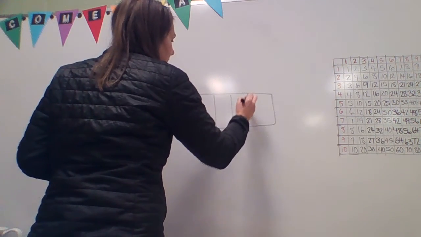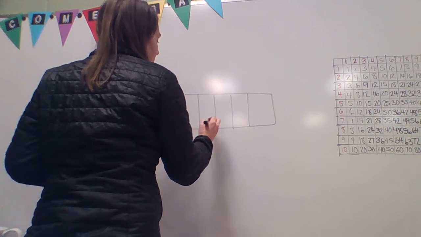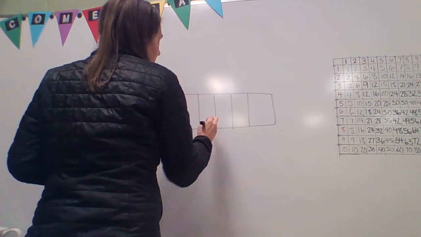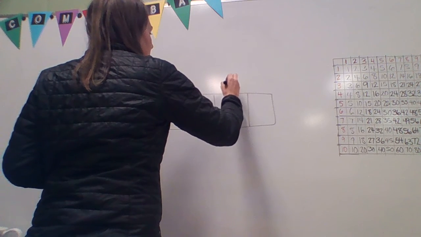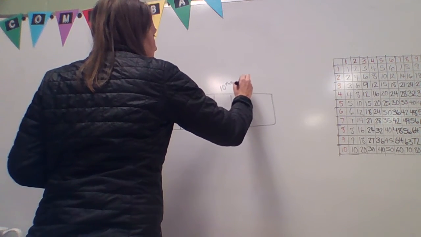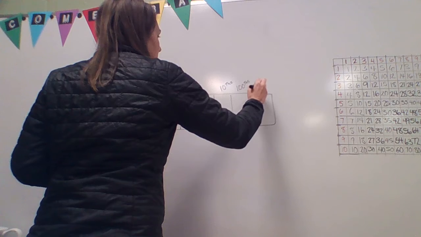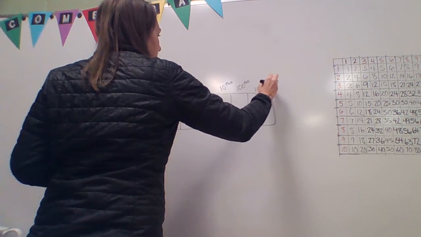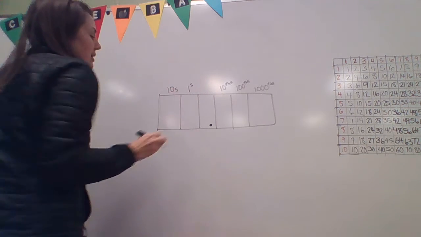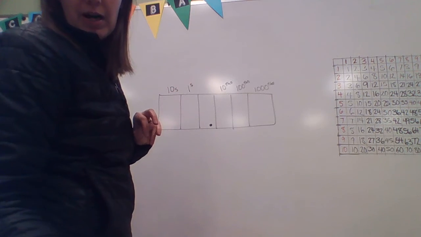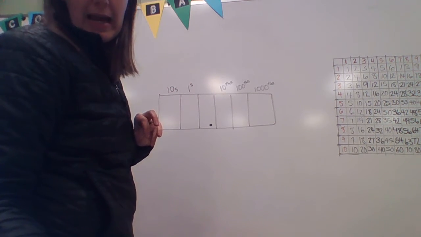So I know that the and is going to correspond with a decimal point, right? So I'm going to put my decimal here. So this would be tenths, hundredths, thousandths, and I have ones and tens just in case I need them. All right, so Abba finishes the race 1 and.